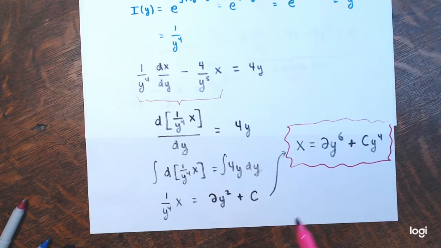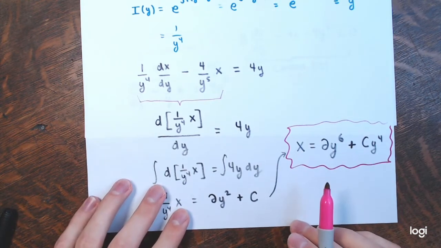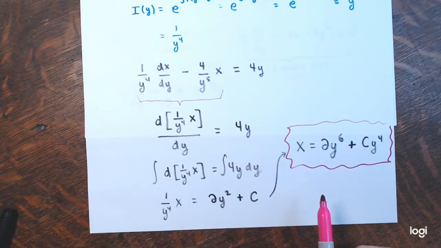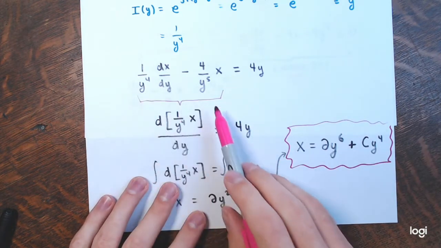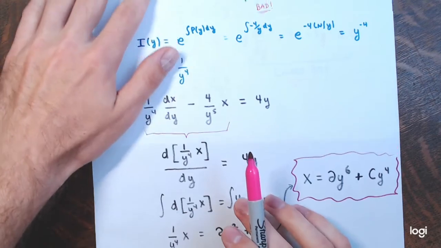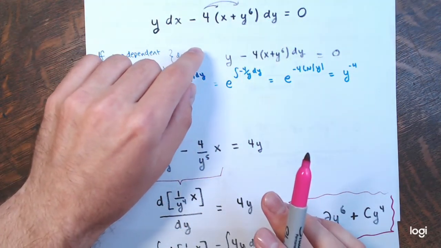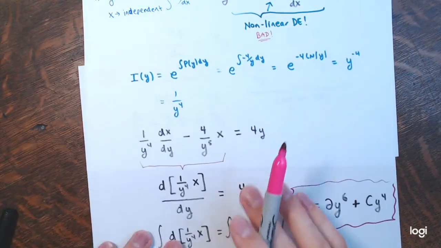Now, same deal, talking about intervals over which this is defined, you're going to be thinking about y coordinates. Notice here I have a 1 over y to the 4th that I multiplied everything by. Earlier I divided by y when I was writing it in standard form. So y can't be 0.